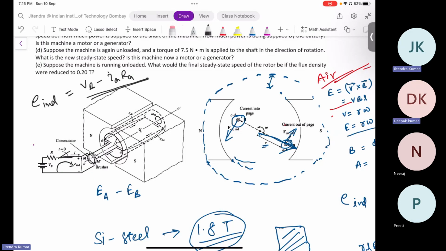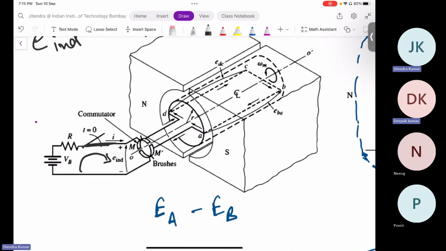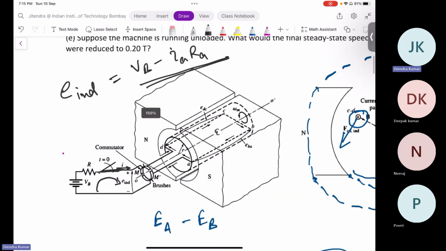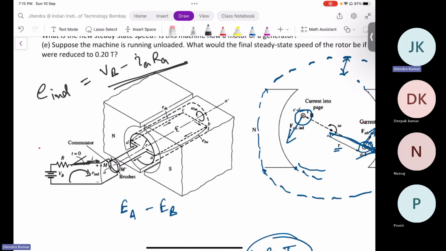From the KVL, if you apply it in this loop, EMF induced will be VB minus IR. If this current flows, let us assume a certain load is supplied from this terminal, then EMF induced will be VB minus IR, and this is also equal to K phi omega, right?